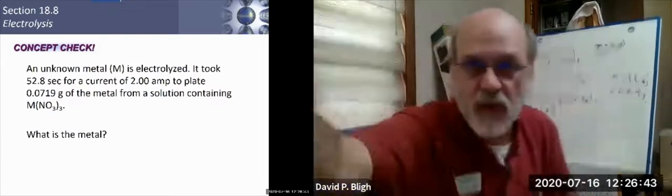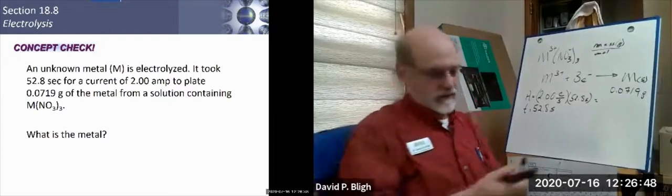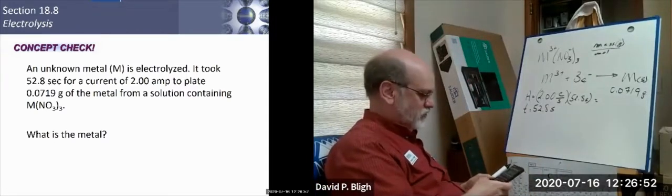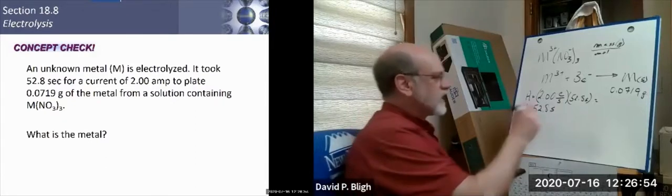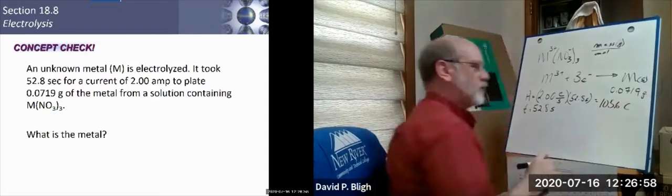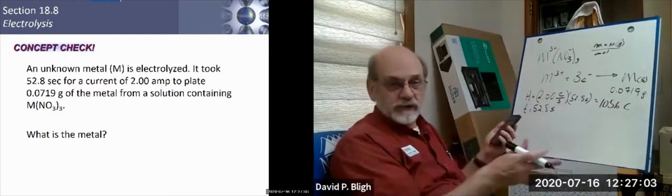Right? So that tells us how many coulombs of charge were transferred. 52.8 times 2, that's 105.6 coulombs. All right, now we need to convert that to moles of electrons.